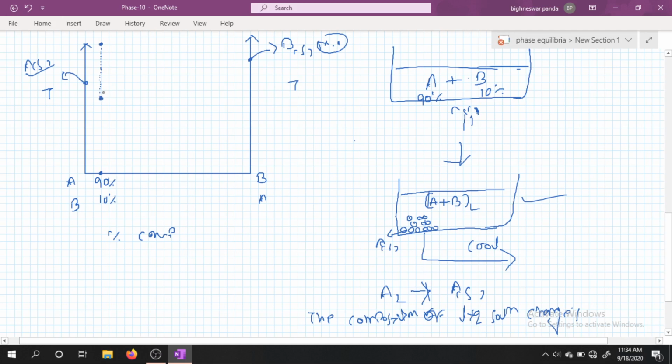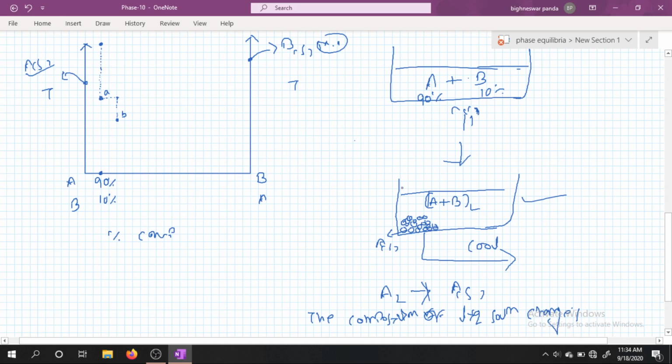Consider it is our A and this is how the composition changes. Upon cooling further, there is also a decrease in freezing point. Consider this point is B, and at point B again some A solid is converted from A liquid.